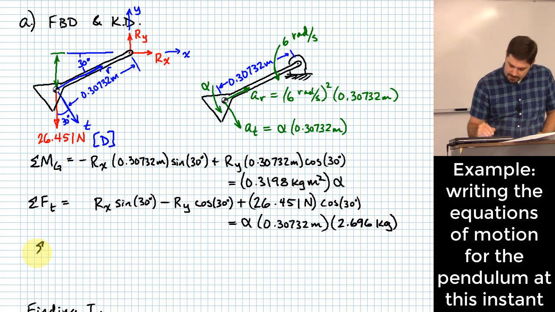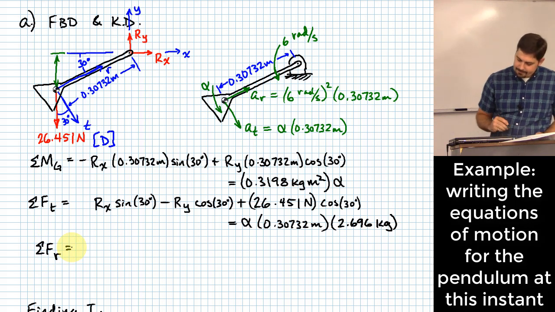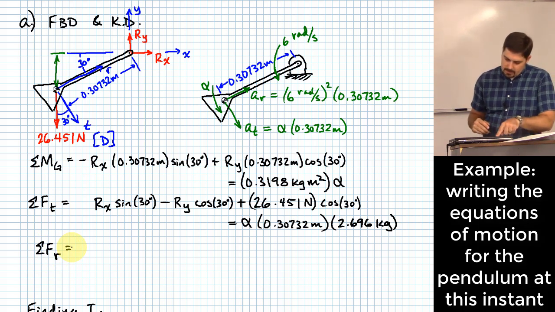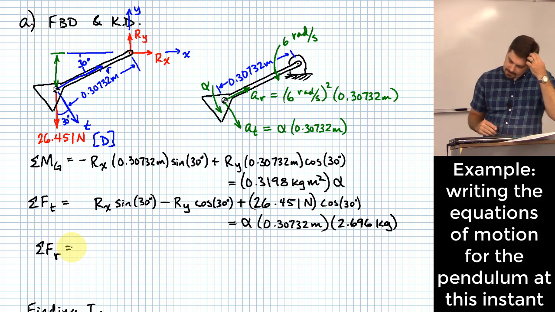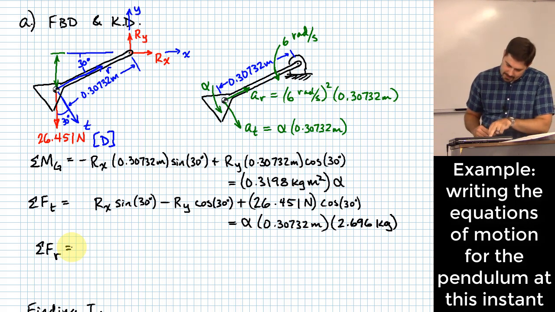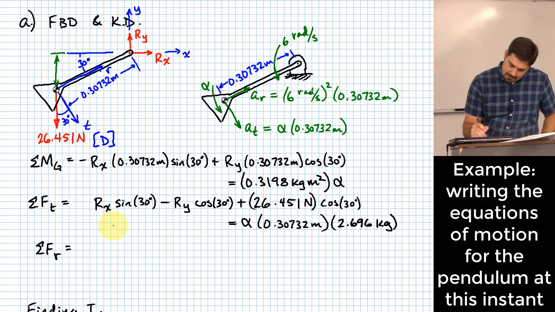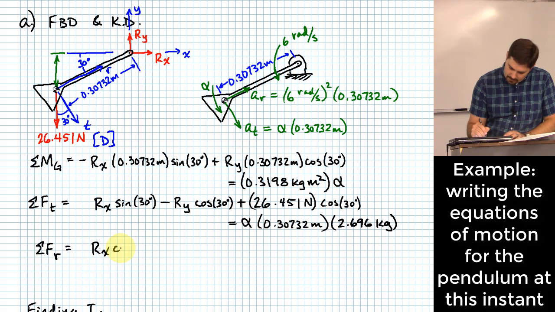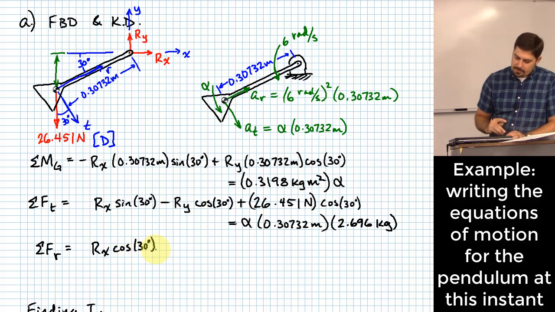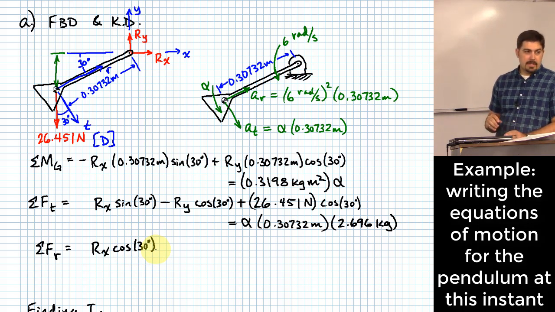We'll sum forces in this radial direction. Okay. So in the radial direction there, I'll start again with x, and it looks like the cosine of 30 degrees will be used to pick off just the component of Rx that is aligned with the radial direction there.